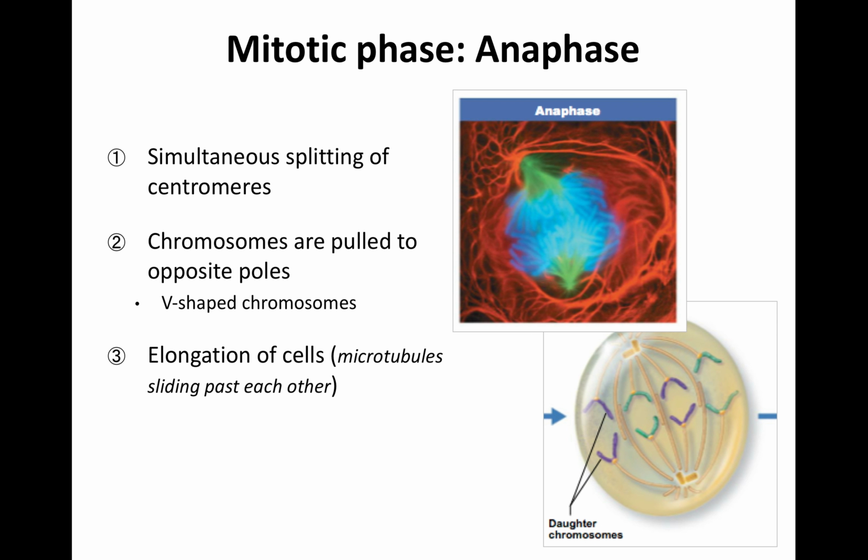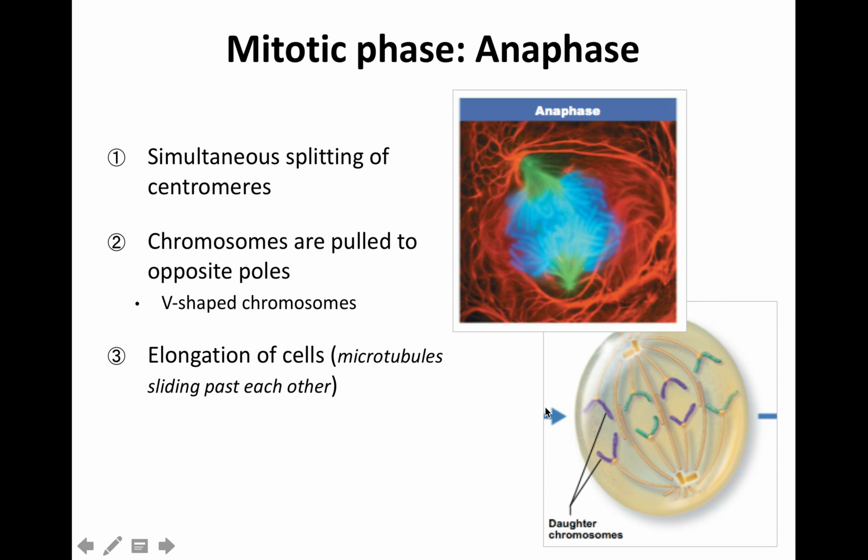The location where you're holding is the connection for the spindle, and the two ends of the scarf form that V shape, which is basically the same pattern created for the chromosomes as they're being pulled by the spindles.